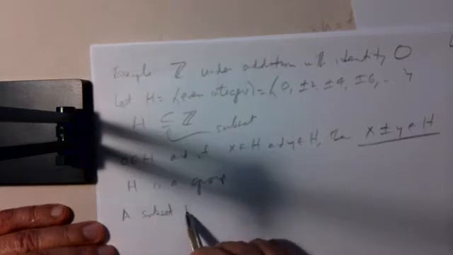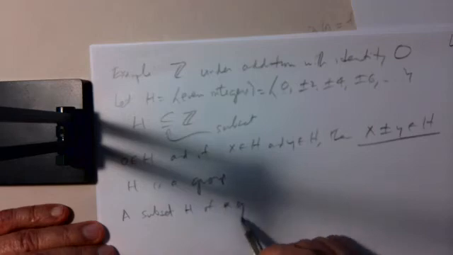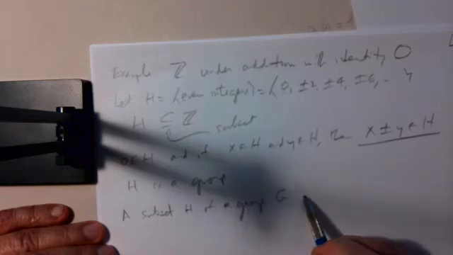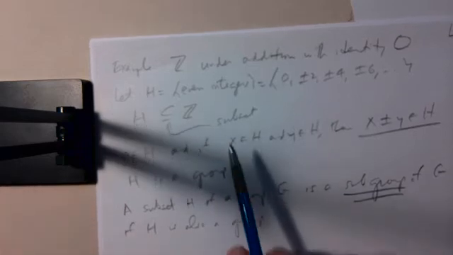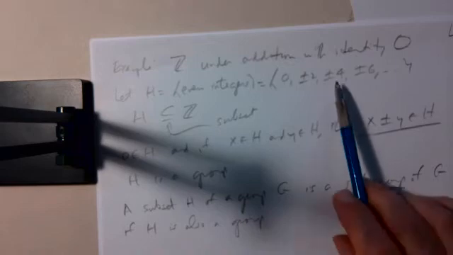A subset H of a group G is a subgroup of G, this is what we're defining, if H is also a group all by itself, with the same binary operation as in G. So the even integers form a subgroup of the integers.